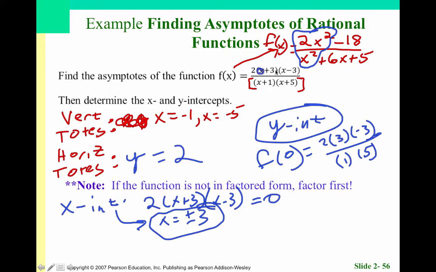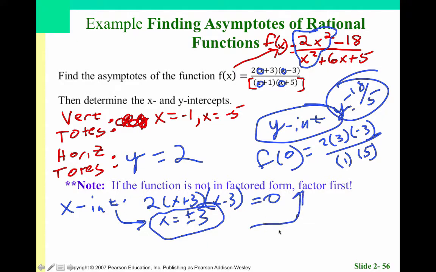I made that a 0 and a 0 and a 0 and a 0. Looks like it's actually easier up here, -18 over 5. So the y-intercept is going to be equal to -18 fifths. Y equals -18 fifths.